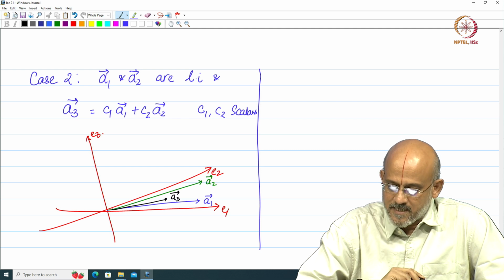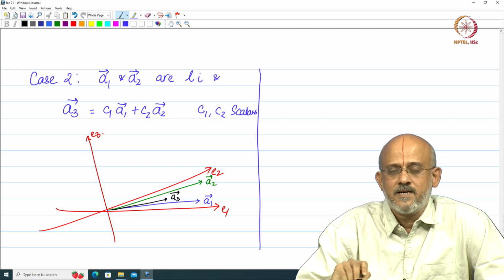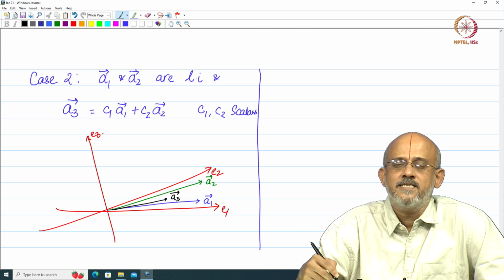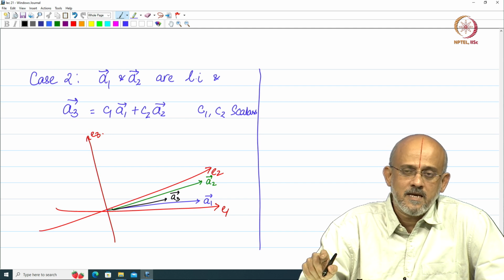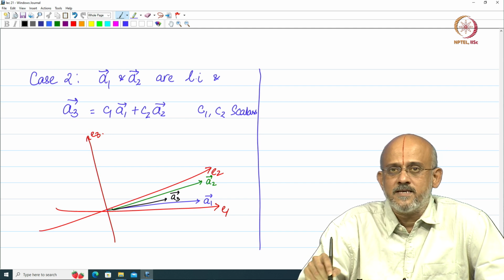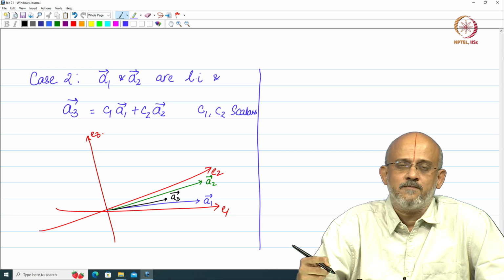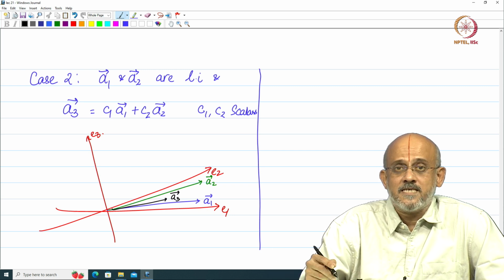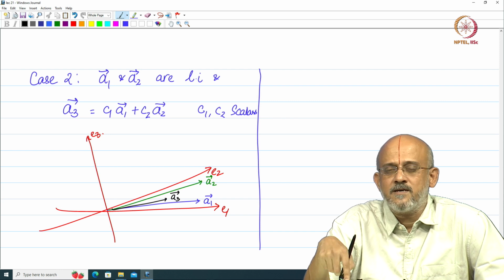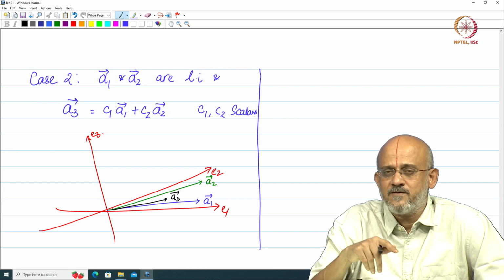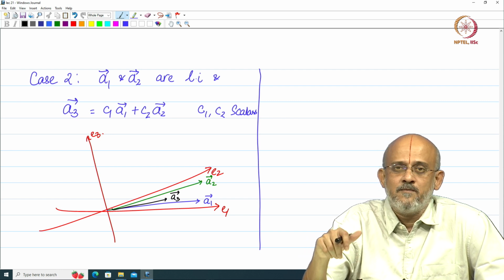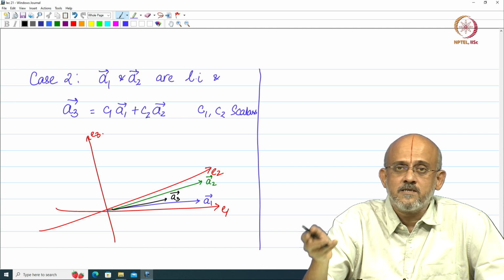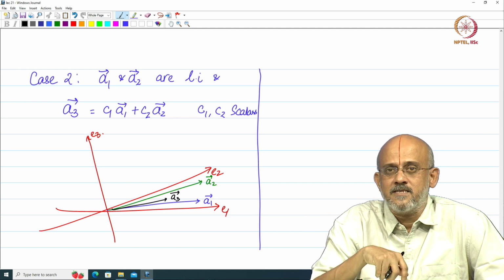Now, it is very interesting. What we want is still a vector u which is orthogonal to all these 3 vectors, but the only catch here is that there are only 2 independent vectors. The third vector is a redundant vector, expressed as a linear combination of the other 2 vectors. This is essentially the problem that we solved when we took up 3D in the first place, where we had 2 linearly independent vectors and wanted a vector orthogonal to them.